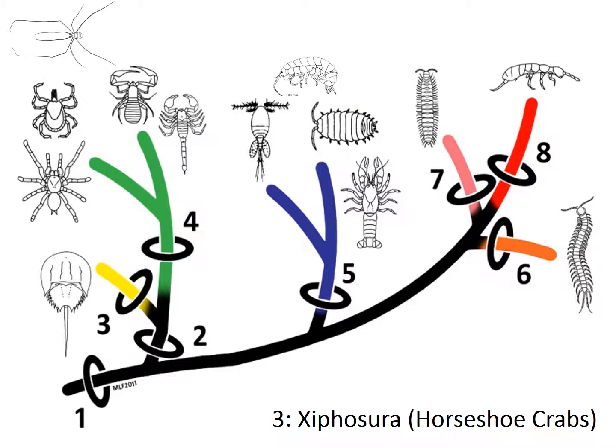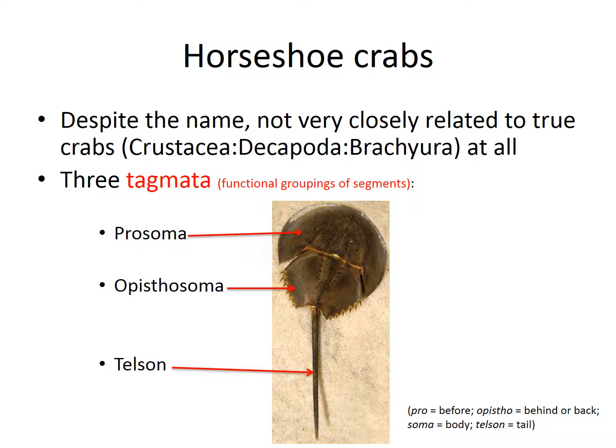Xiphoceira, or the horseshoe crabs, located here at ring number 3, or the yellow section of this tree. Horseshoe crabs, despite their name, are not very closely related to what you would think of as a true crab. True crabs are actually crustaceans, and we'll get to them in a little bit.